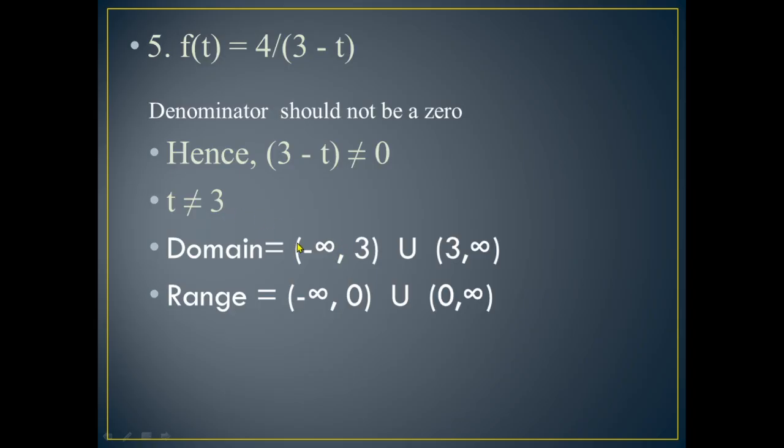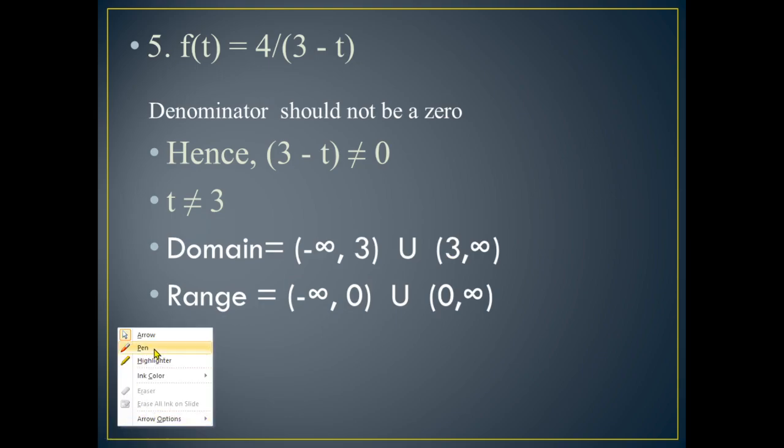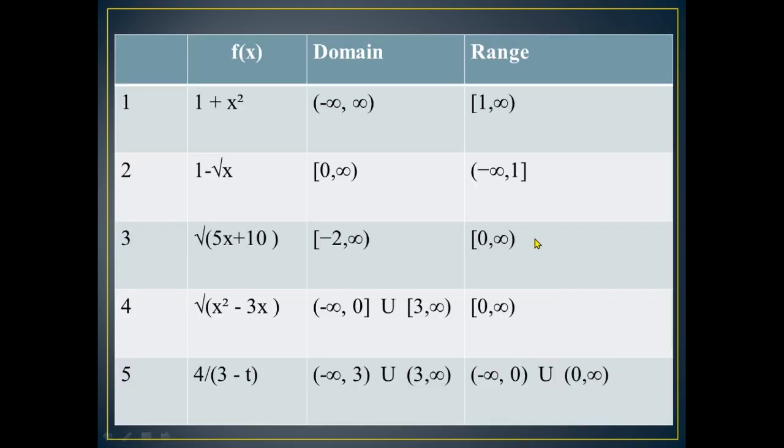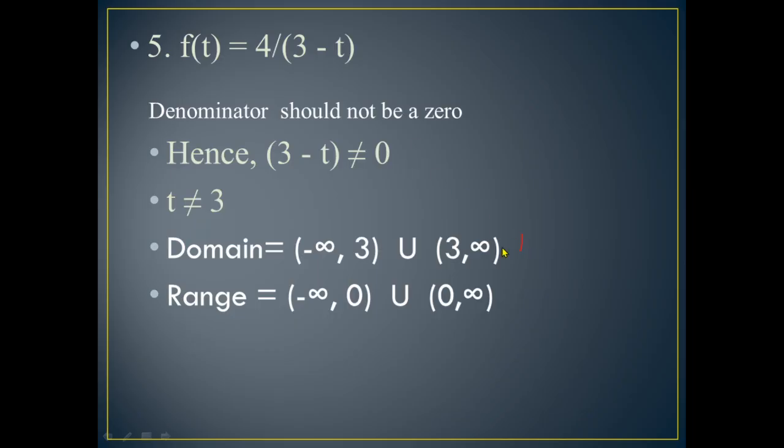So we have to write these open brackets, that is minus infinity to 3 and 3 to infinity. Okay, it allows all the values, the set of all real values except 3. You can write like this. That is, except 3, that can be any real value.